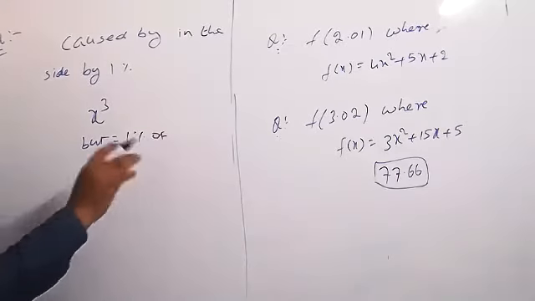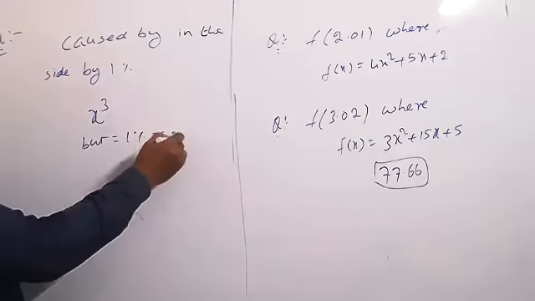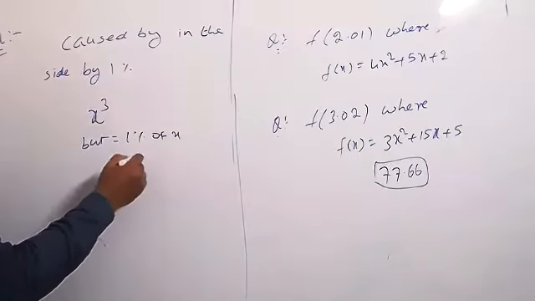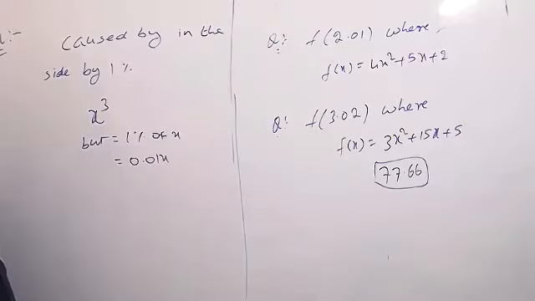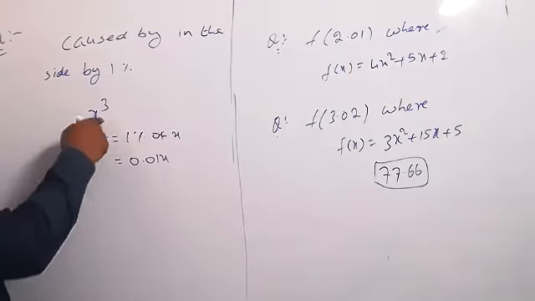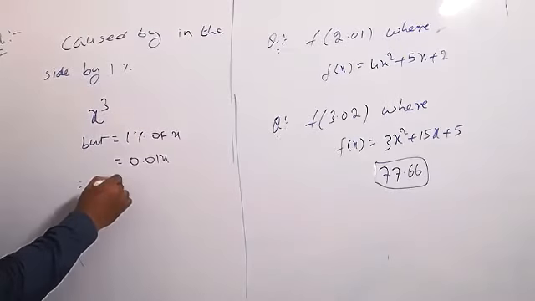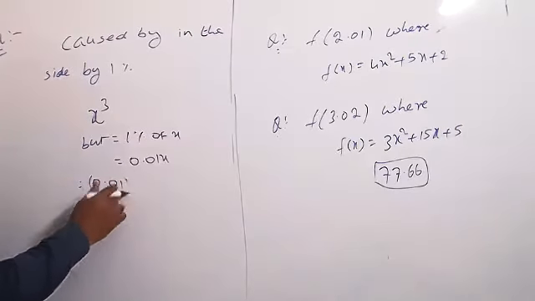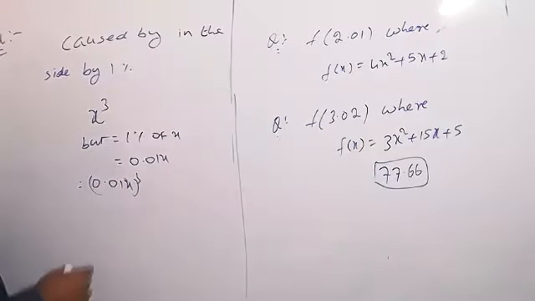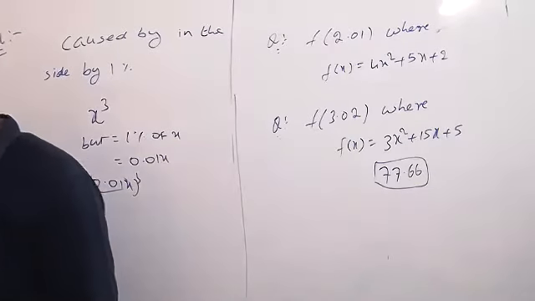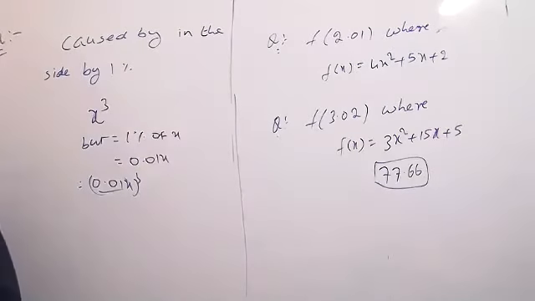First, all of you listen to me. 1% of x is equal to 0.01x. Now you can substitute this: 0.01x whole cube, x whole cube, it's the new volume. This is how we generally solve the problem. But the same thing we now have to solve using differentiation.